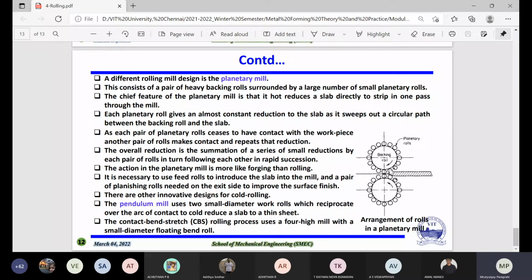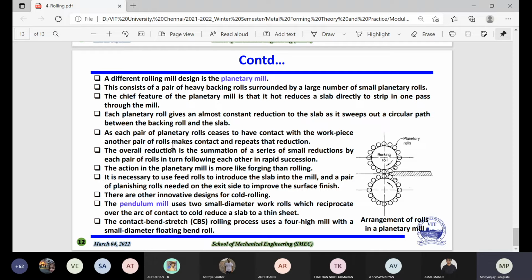You can see there is a big roll here, which we call the packing roll, and small planetary rolls around it. If you have a metal piece here, you get very thin strips from it. This is what we call the planetary mill.